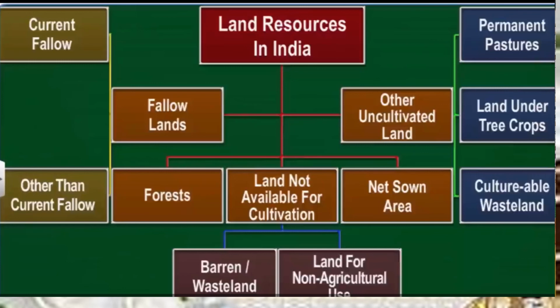That can be further divided into barren or wasteland and land for non-agricultural use. Barren and wasteland means lands which cannot be cultivated at all or cannot be used for cultivation. A typical example is Rann of Kutch. Land for non-agricultural use means it is used for buildings, making roads, factories, etc.